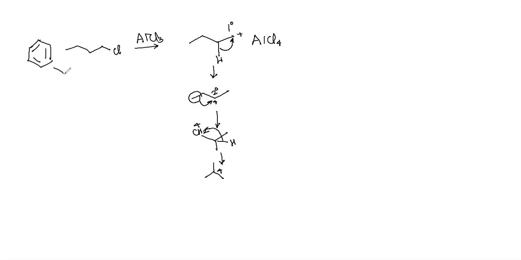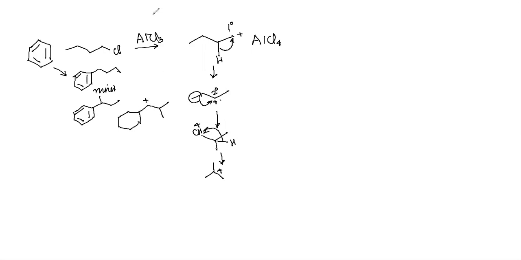So what is the product from here? The product is a mixture of 1, 2, 3, 4 minor products plus 1, 2, 3 from this, plus you will get 1, 2, 3.